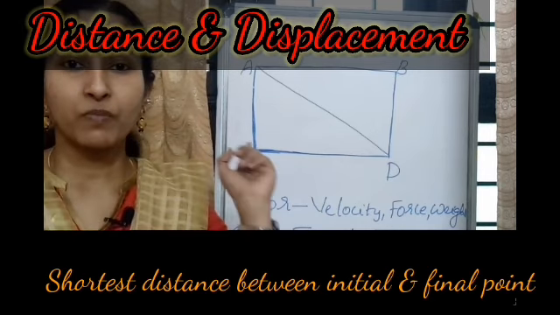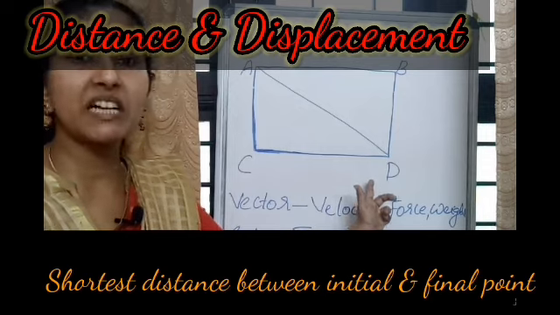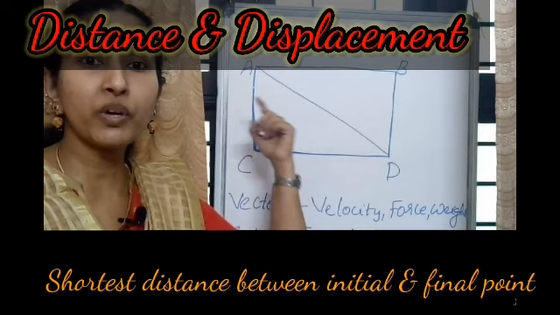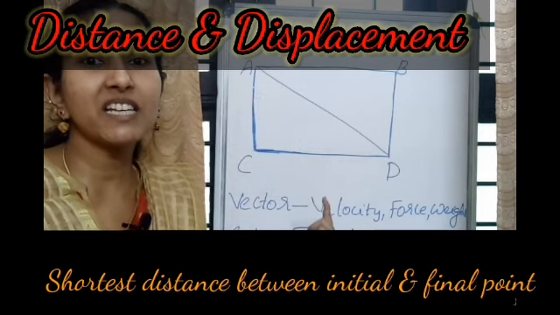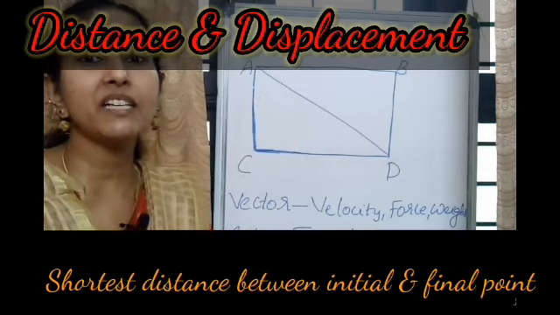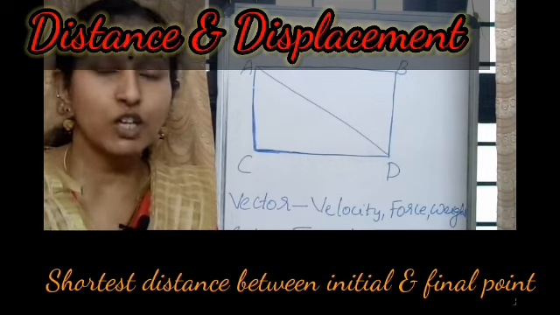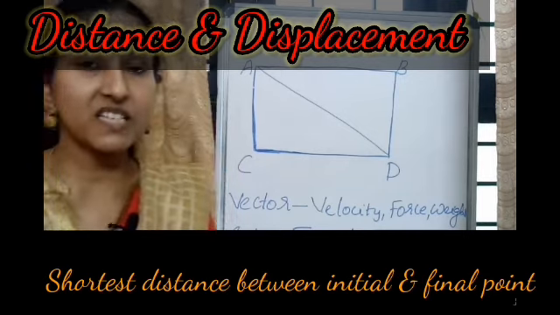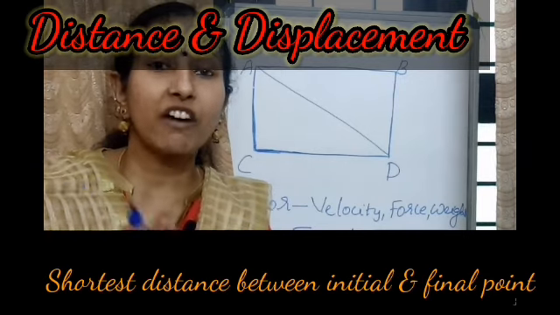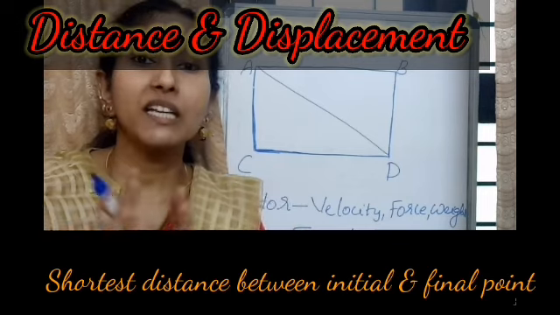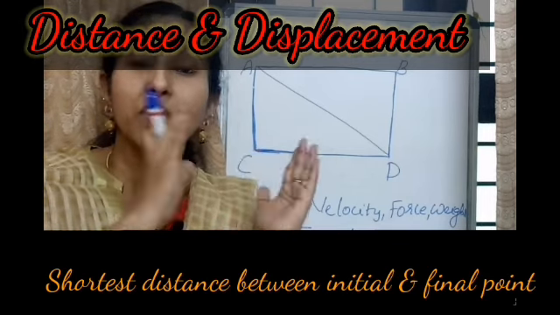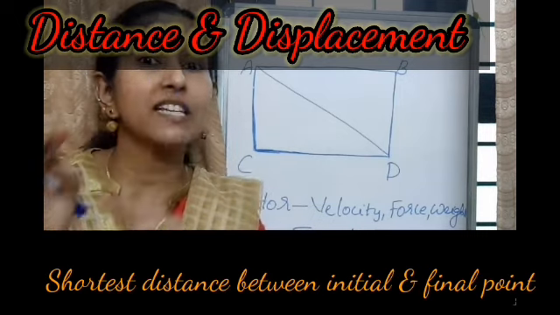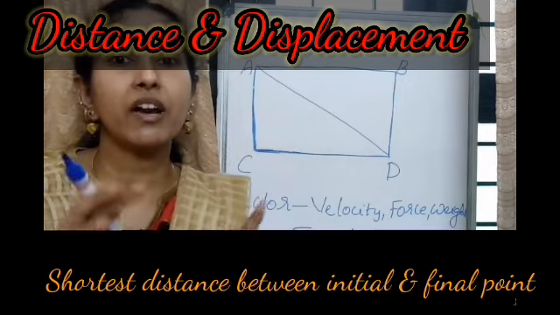Clear? So I told you, you have to reach D. Either you can cover A, B, then D, or you can take the shortcut. Taking the shortcut is the displacement, and covering the complete path is the distance. Distance is the total path covered by an object, and displacement is the shortest distance between initial and final positions.